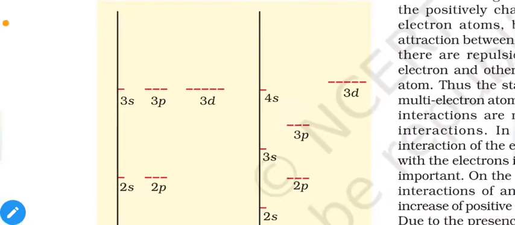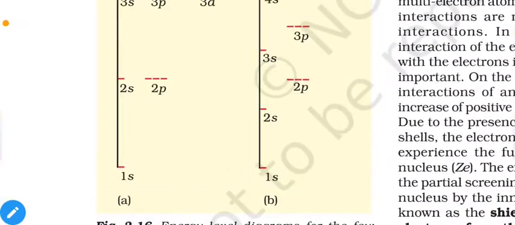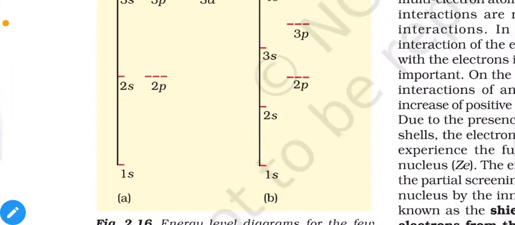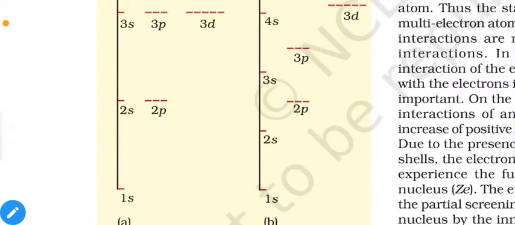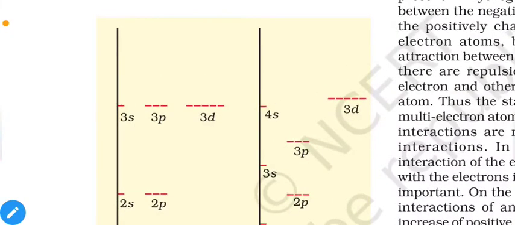Now here the representation of orbitals is mentioned. First let us concentrate on figure 2.16a. As you can see, the 1s orbital has lower energy than 2s and 2p. 2s and 2p both have the same energy. 3s, 3p and 3d all have the same energy, and as you can see, for s orbitals only one dash is mentioned. It represents that it has only one orbital.